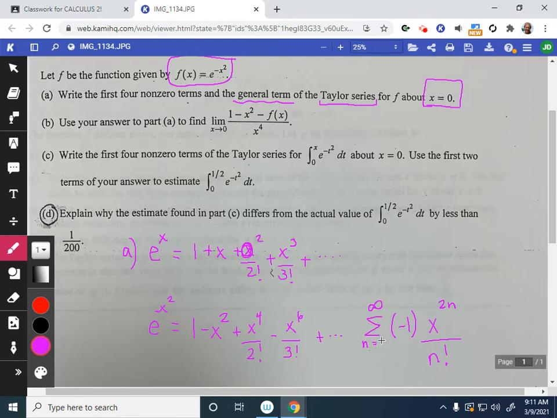If I start at 0, that's a good place to start because plugging in 0 for here will give me a 1. 0 down here gives me a 1. And then this can also just be n so that the first term turns out positive. Let's double check. What happens when n is 1? Now we have a negative. This is going to be x to the 2nd, and this is going to be 1 factorial.